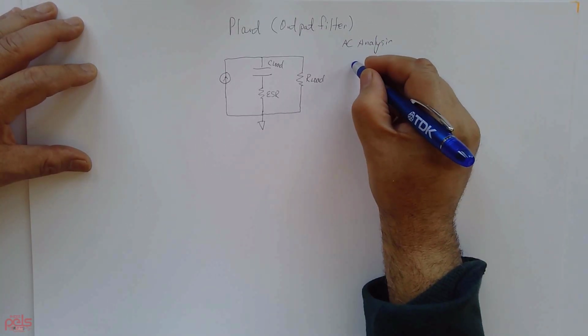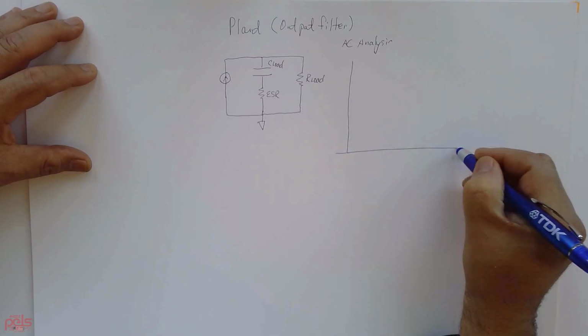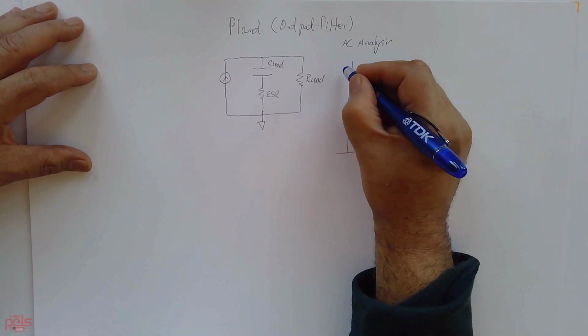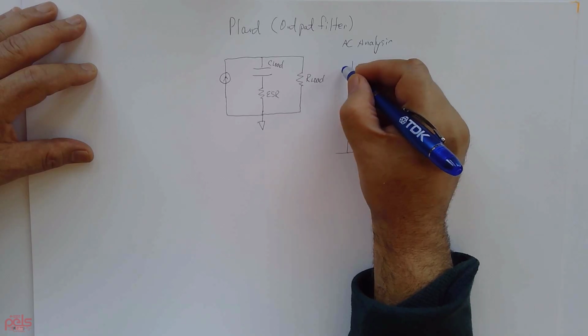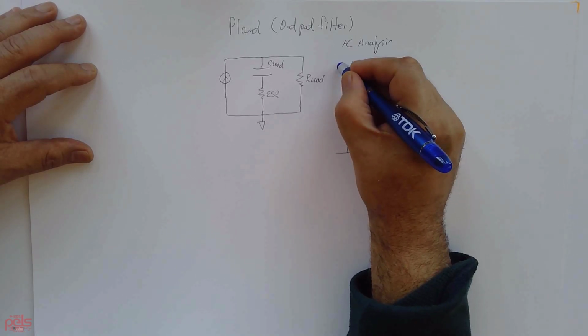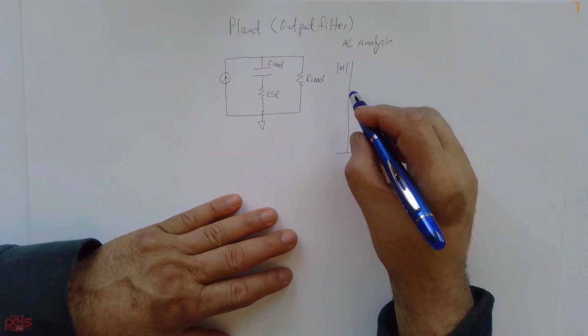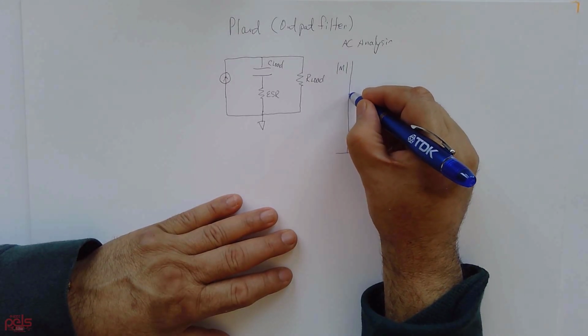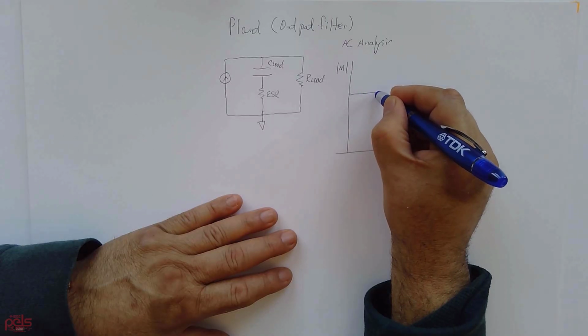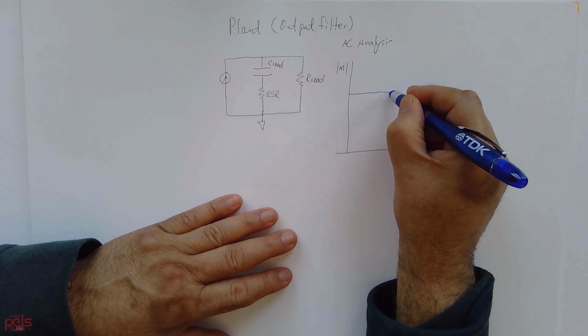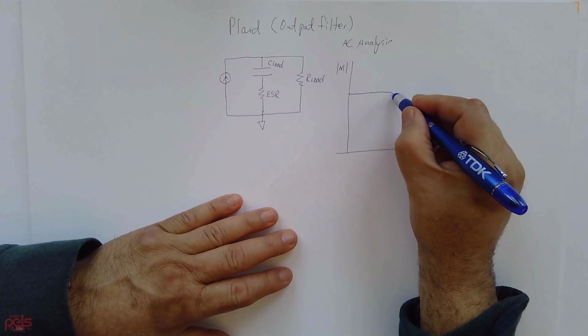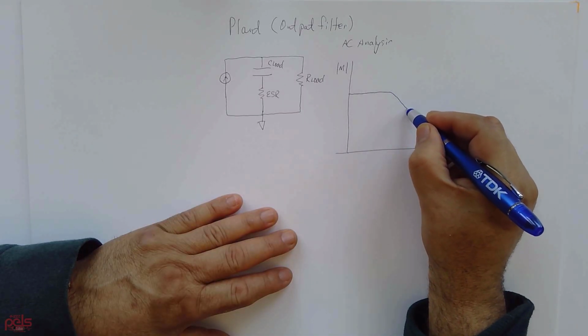then you're going to get a plot that looks like this. This would be frequency, and this would be your magnitude or the gain. So you'll have a certain amount of gain that comes out like this, and then at a certain frequency it's going to start deflecting.